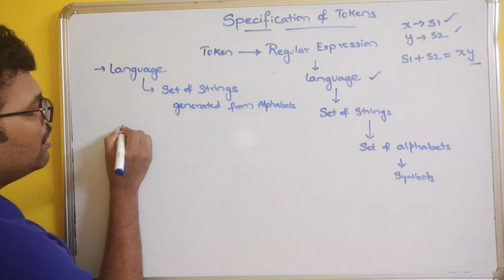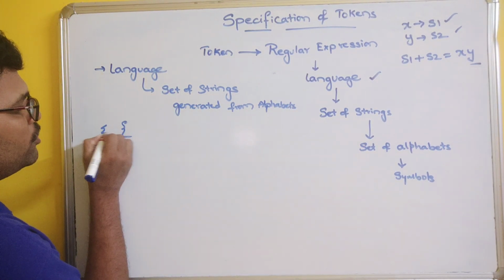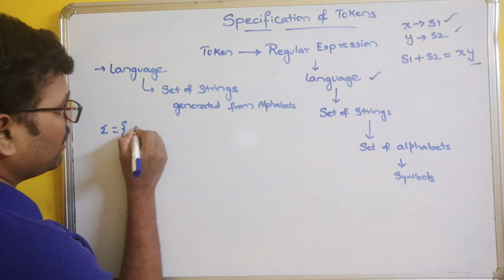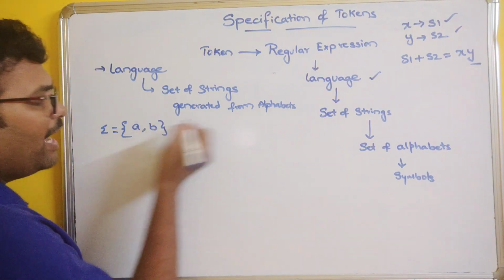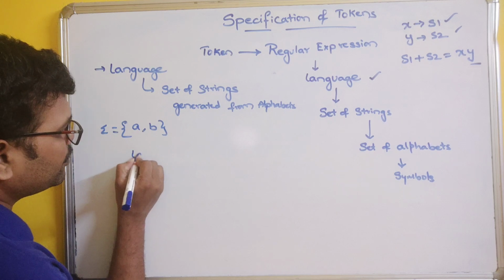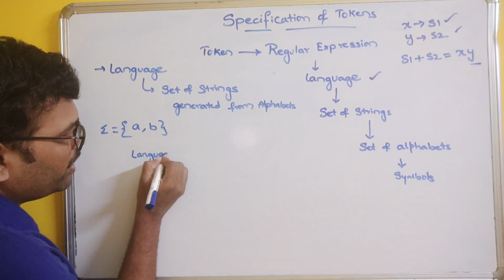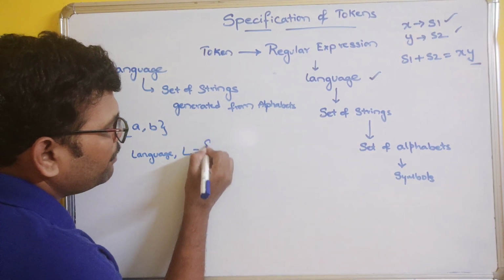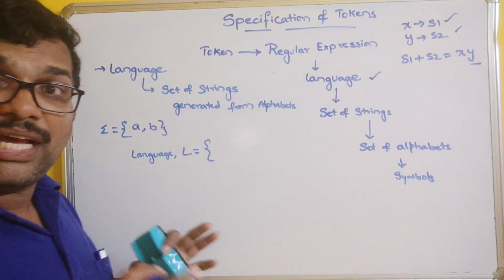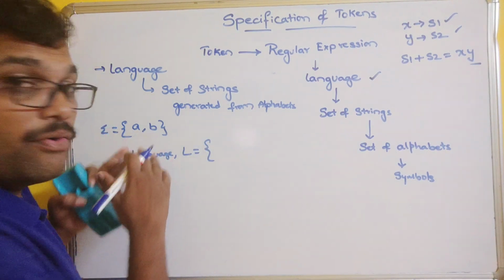For example, if the alphabet, which we usually call sigma, is equal to A, comma B, the language L will be all the strings generated with the help of these alphabets.